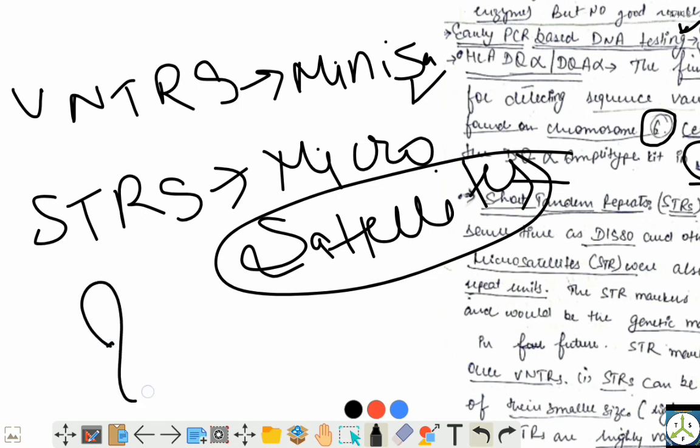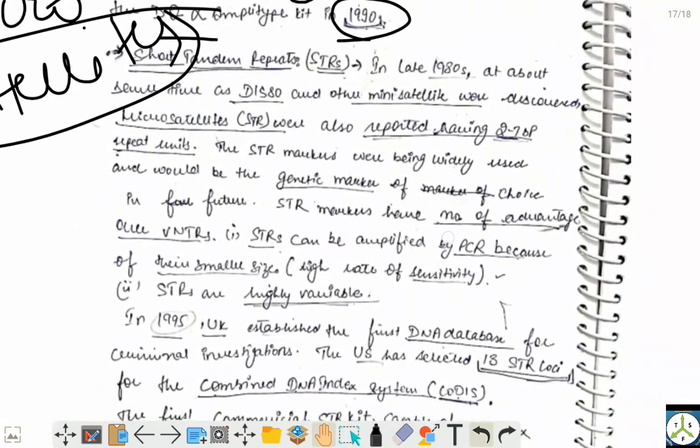On the chromosome there is an extra structure called the satellite, hence the name satellite DNA. Remember this, because in the December 23 exam there was a question like that: the microsatellite is also known as what. Microsatellites or STRs are also reported as having 2 to 7 base pairs.